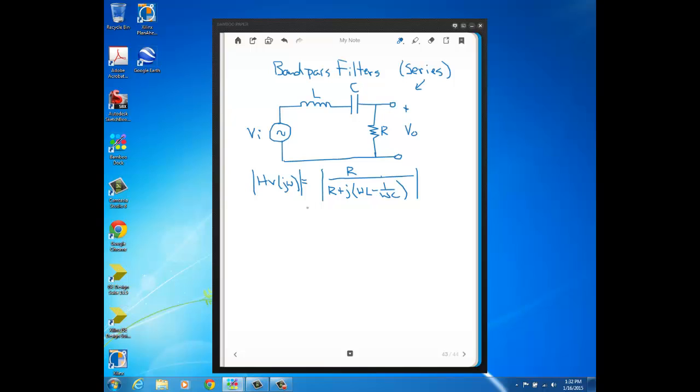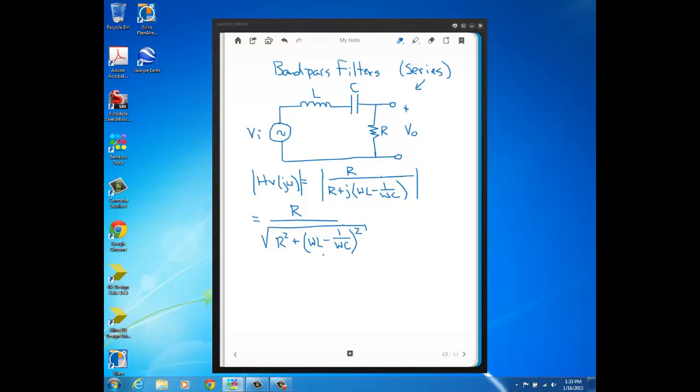The magnitude of H_V of j omega: the magnitude of the numerator is just R, and the magnitude of the denominator is the magnitude of this complex number, so it's going to be the square root of R squared plus (omega L minus 1 over omega C) squared.